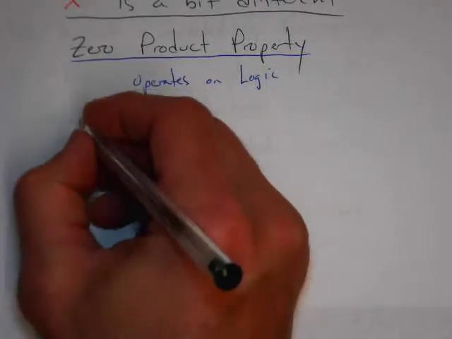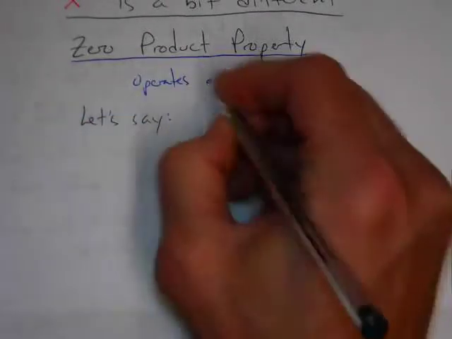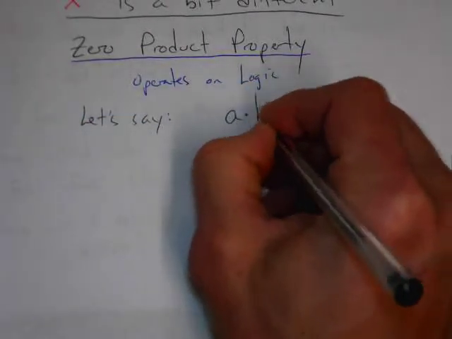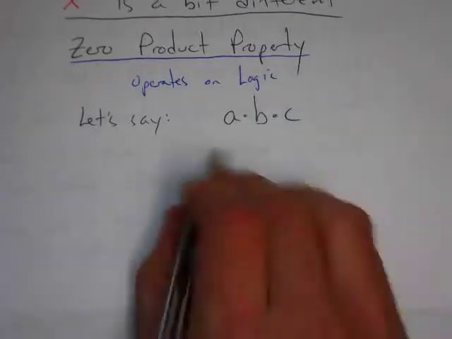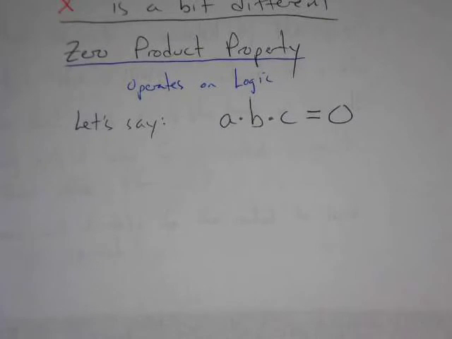Let's just say that we're multiplying three things: A times B times C. And when we multiply them all together, we get 0. Let's say that's the case.